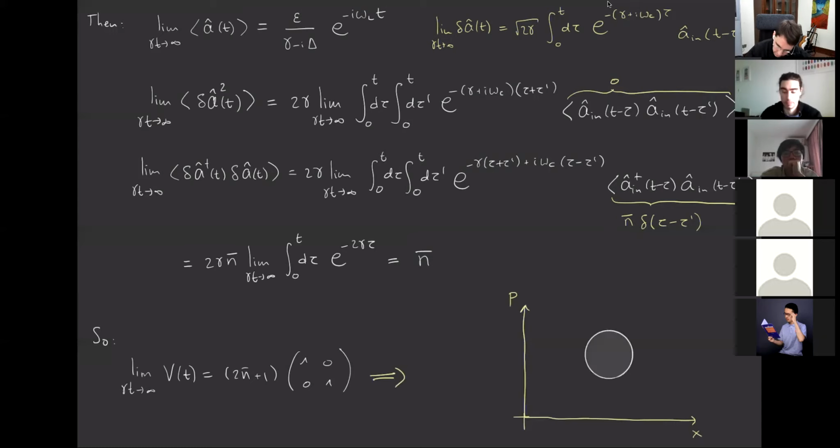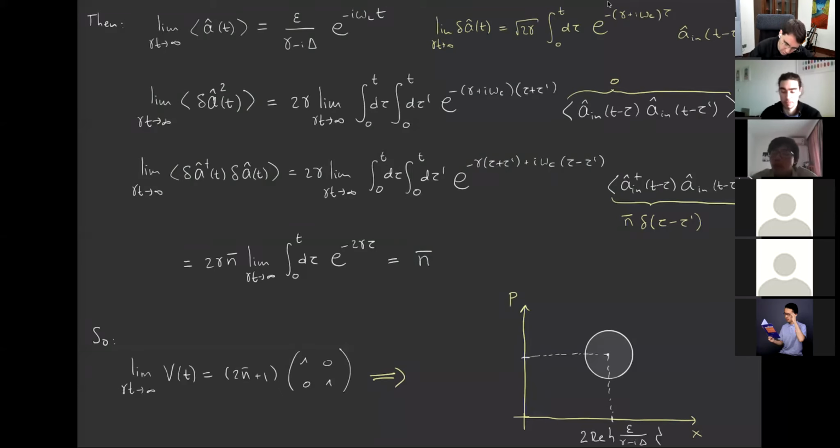So first of all, we get here a mean value that is non-zero, and in particular for the position quadrature, we get 2 times the real part of the driving divided by gamma minus i delta.